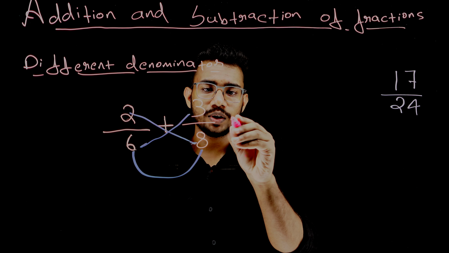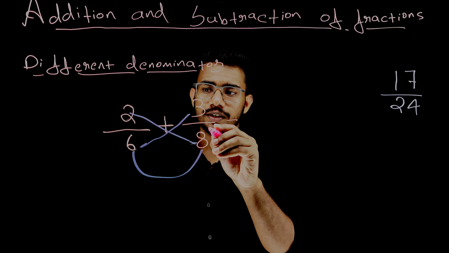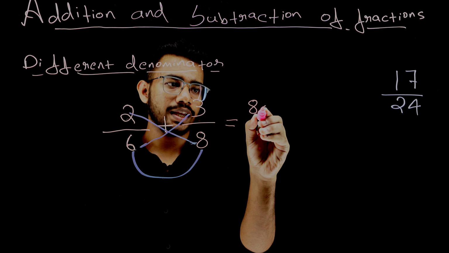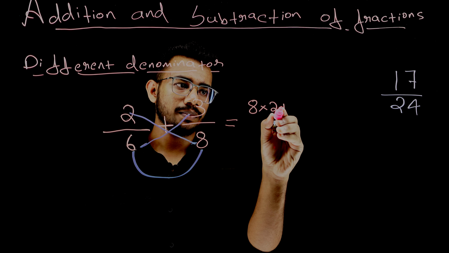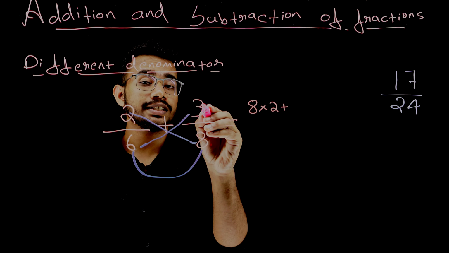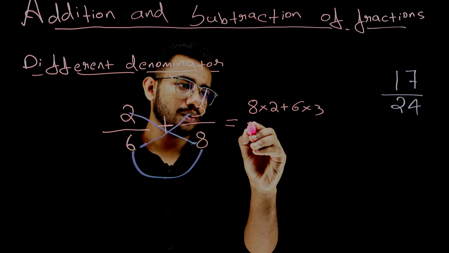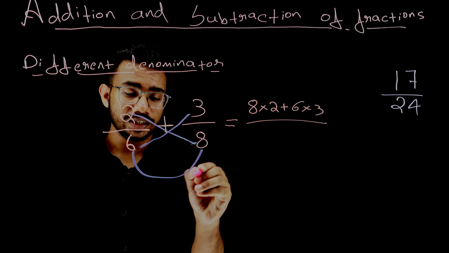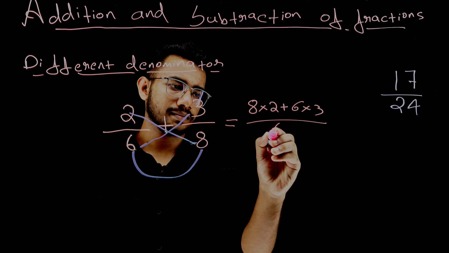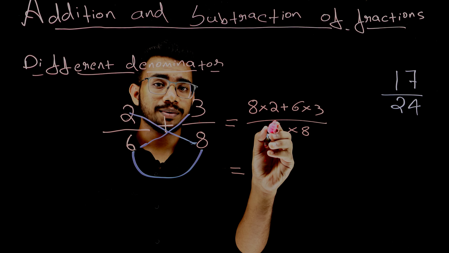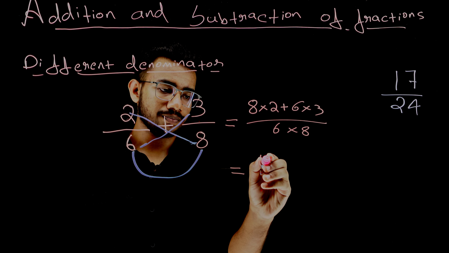And this will give me what? First one is 8 times 2, plus the second one, 6 times 3, the whole divided by 6 times 8. What is 8 times 2? 16.